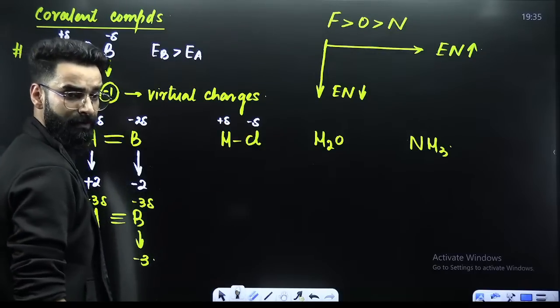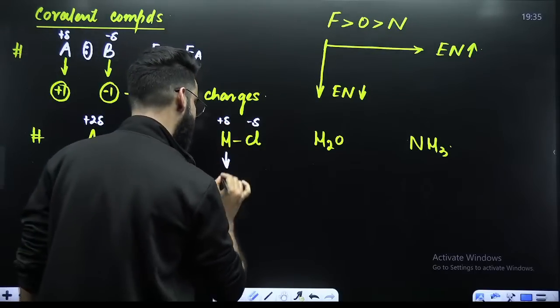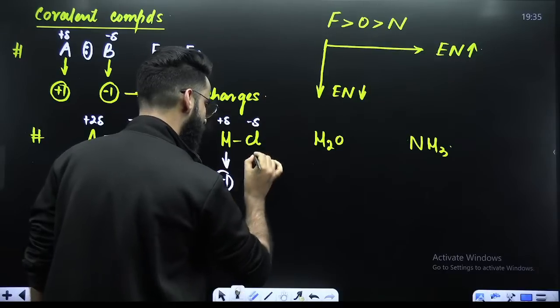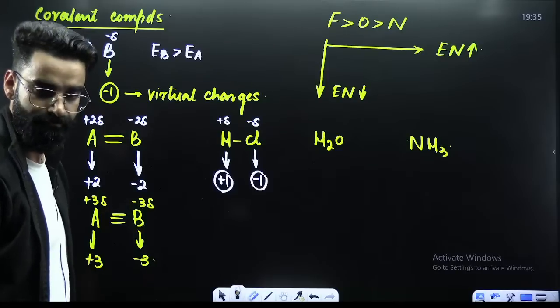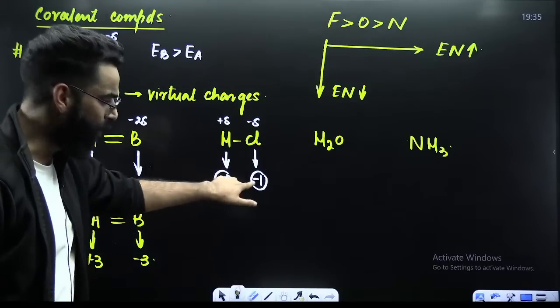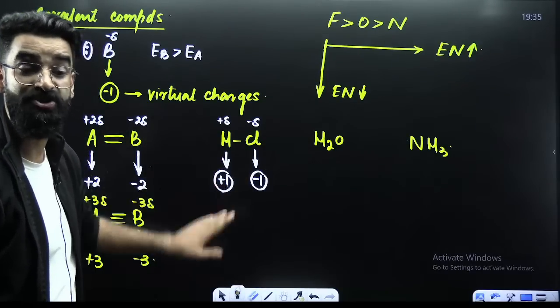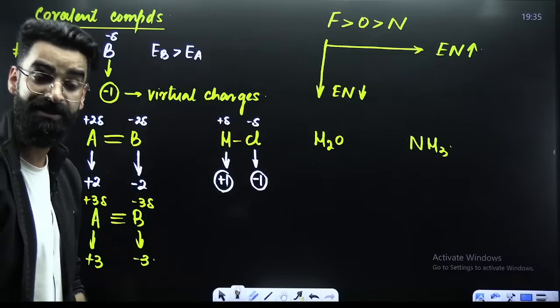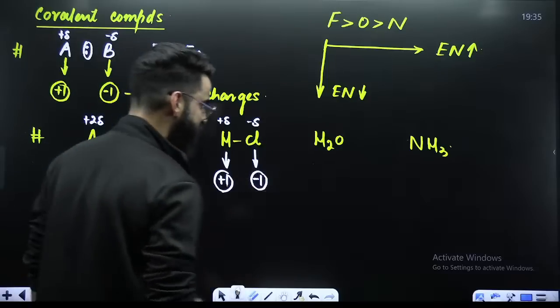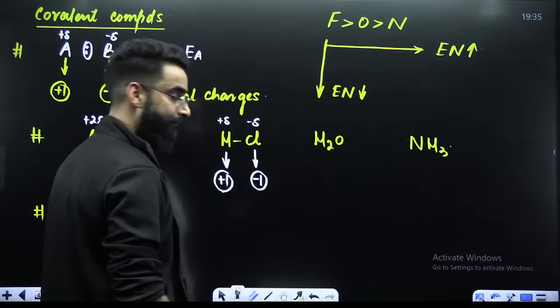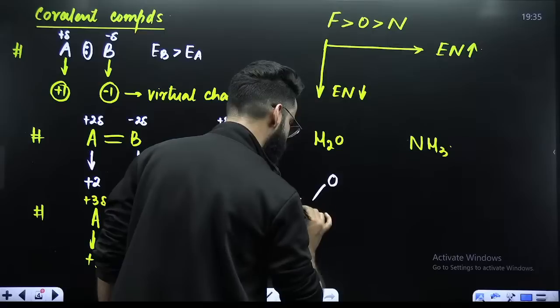So what is the oxidation state of hydrogen over here? You'll say +1. What is the oxidation state of chlorine over here? You'll say -1. Now again, if I ask whether these charges are the real charges, no, they are not the real charges, they are the virtual charges. Okay, perfect. At the same time, if you talk about water, I believe you all will know the structure of water as well.